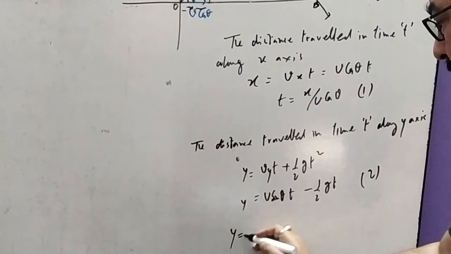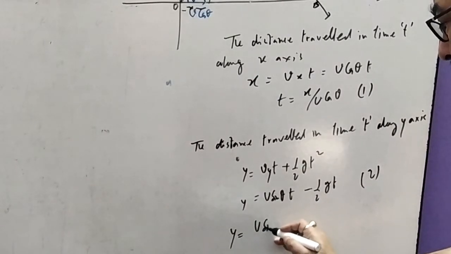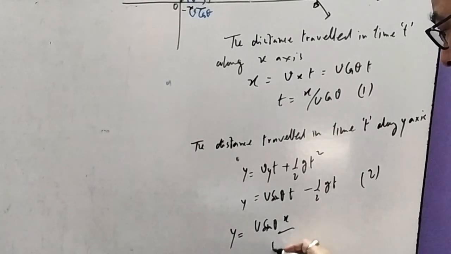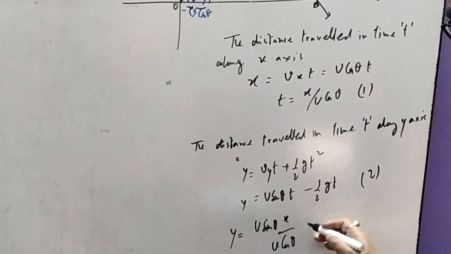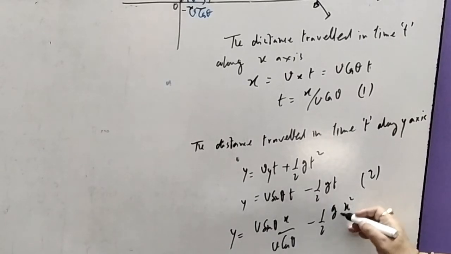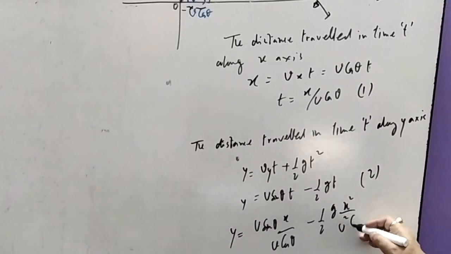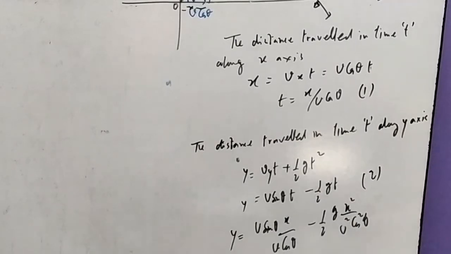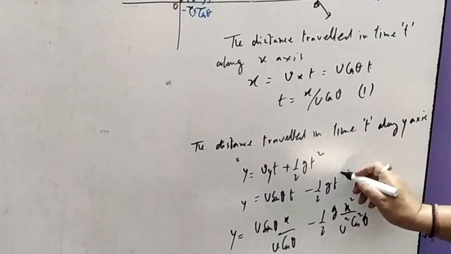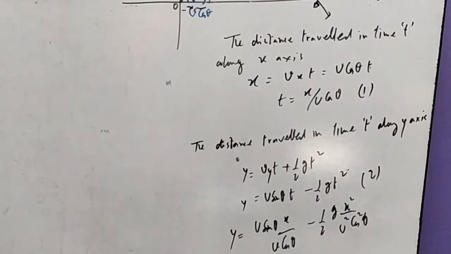We get y equals v sin theta times x upon v cos theta minus half g x square upon v square cos square theta. Sorry, it is g x square, not g t square.